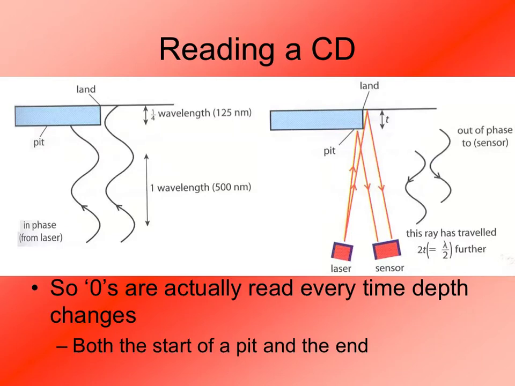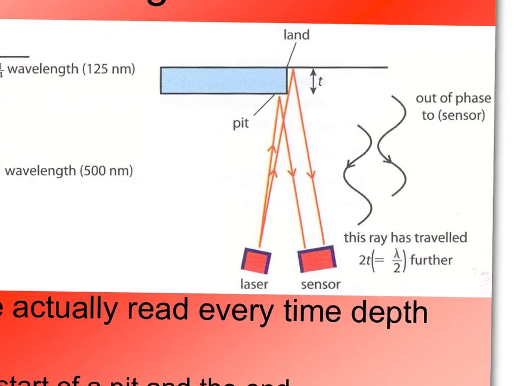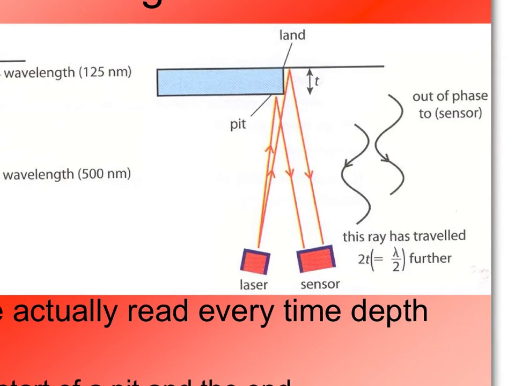Here's another nice diagram to kind of show what's going on. If we look here on the right, you can see that from our laser we actually have the beam, part of the beam hitting the edge here and being reflected back to the sensor.